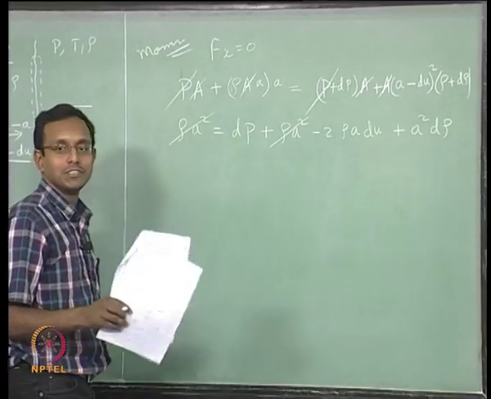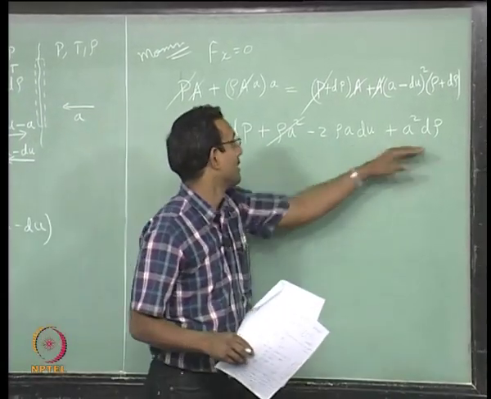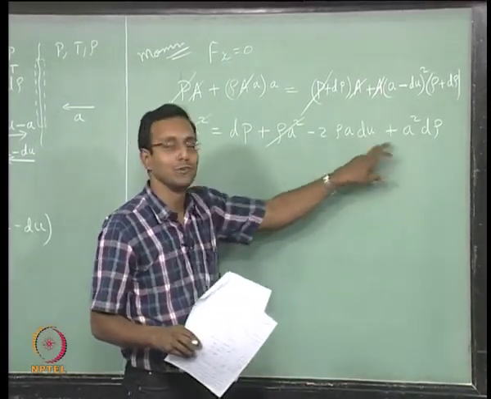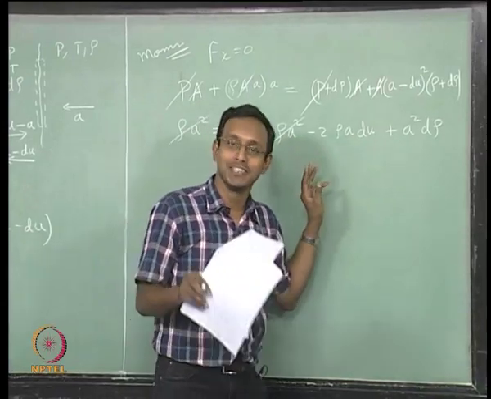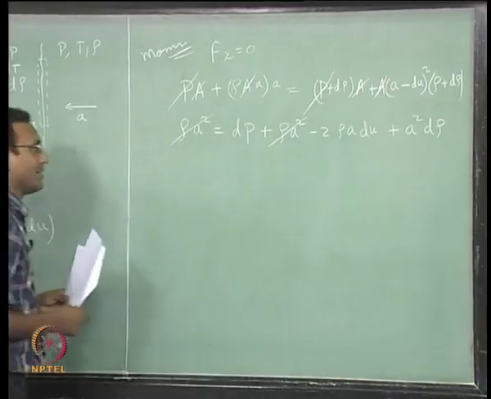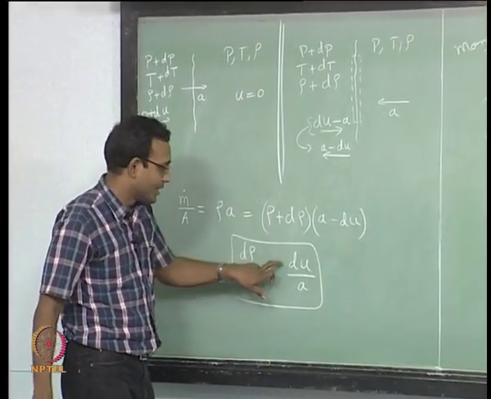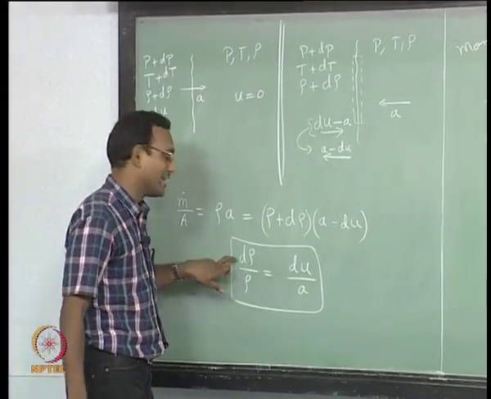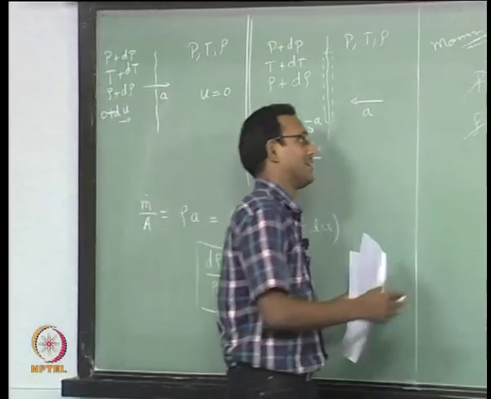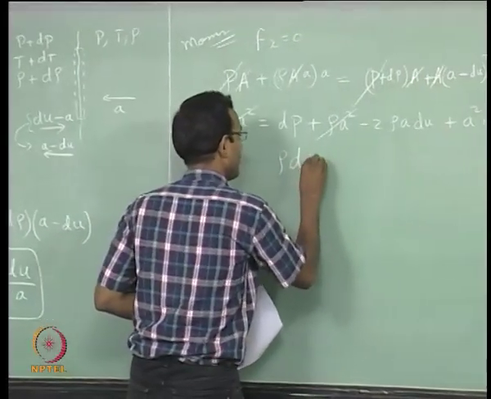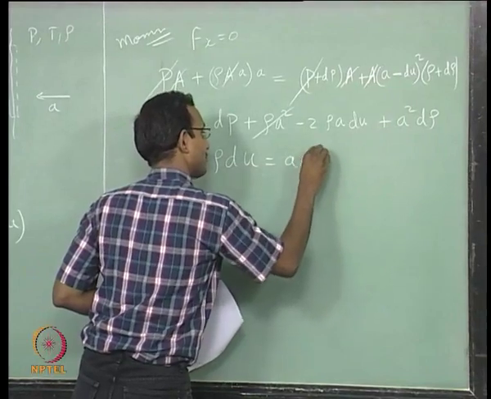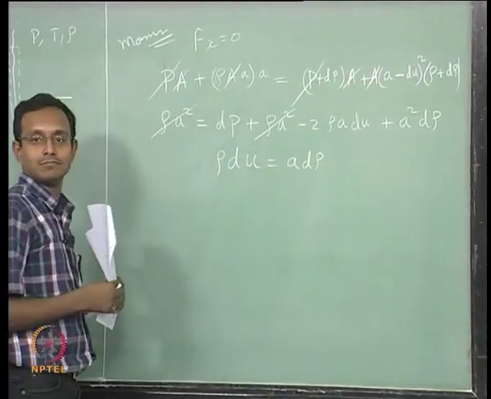Now I have to use, this is where we were stuck last time. I was expecting a plus rho a du, finally it came out to be minus 2, and that is what caused error. Now if I go back to here, all I have to do is rho du is equal to a d rho. Remember that, we will write it here. I have this conversion.